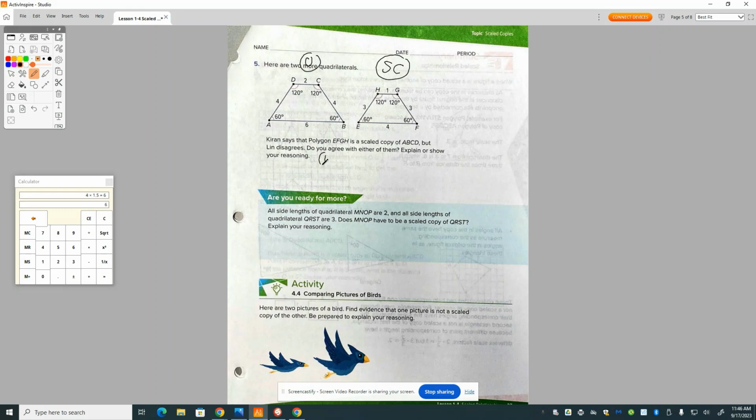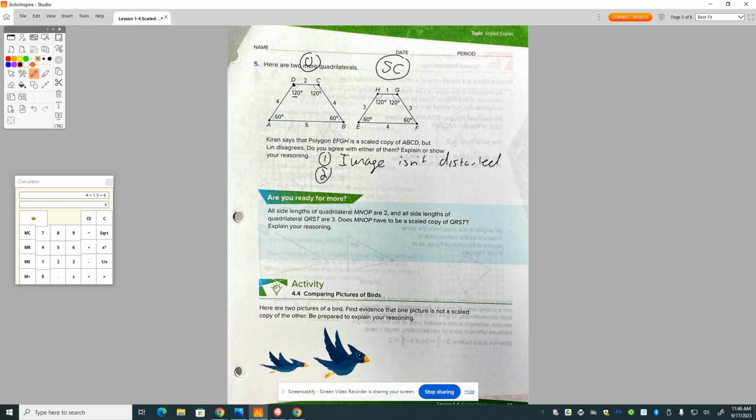So again, just giving a quick eye test, the image cannot be distorted if it is a scaled copy. I could clearly see that these look to be pretty similar shapes. I feel like there's a possibility that this could be a scaled copy. Now, keep in mind that we also have to make sure that all the corresponding angles have the same measure.